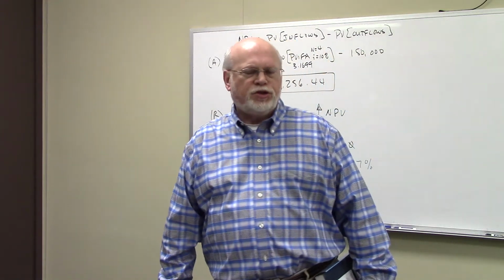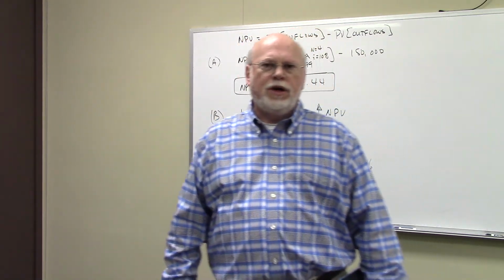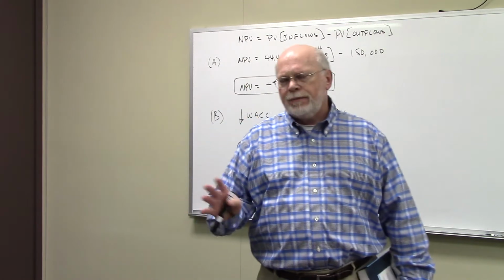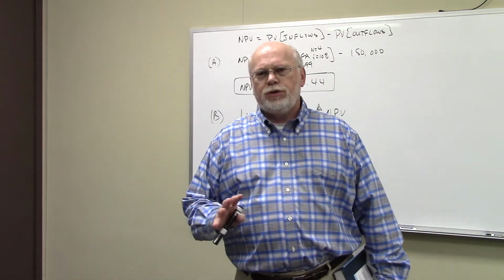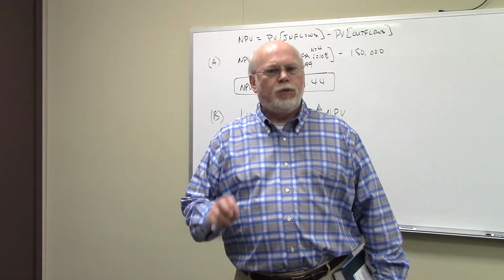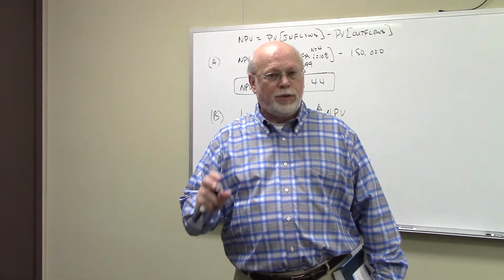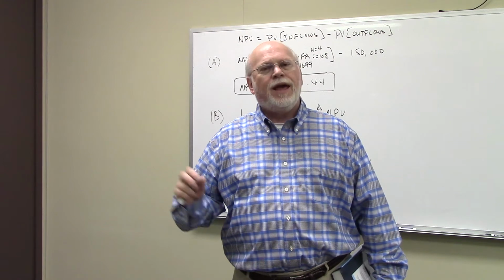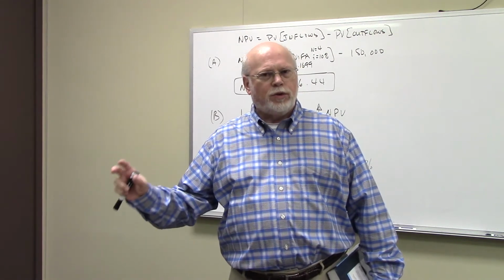Now this chapter is sort of an introduction to capital budgeting and the various techniques, and one thing they want you to grasp here is that there's a relationship between the firm's cost of capital, their minimum acceptable return, and the project's internal rate of return.